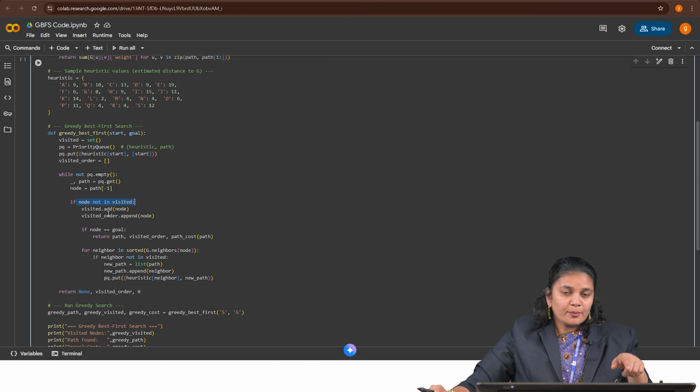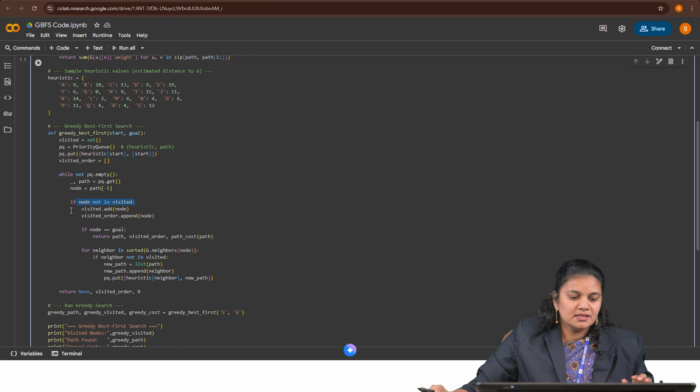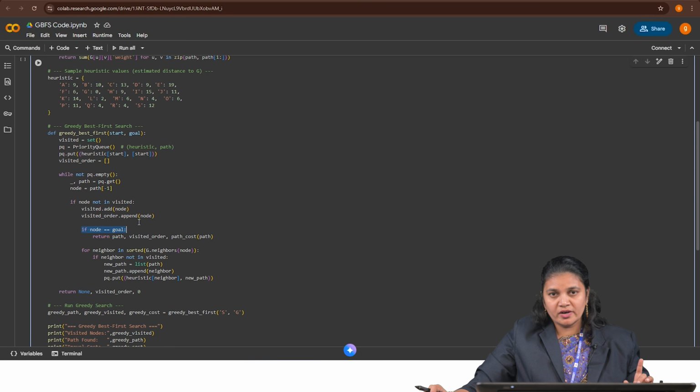If it is not, suppose we don't add this line, what happens? Even if it is in the visited list, we will visit it again and we will get into a loop. In order to avoid the loop, in order to not waste time and space complexities, we are adding these lines over there. So when every node is being opened, we will check whether the node is the goal node. If it is the goal node, we can stop.